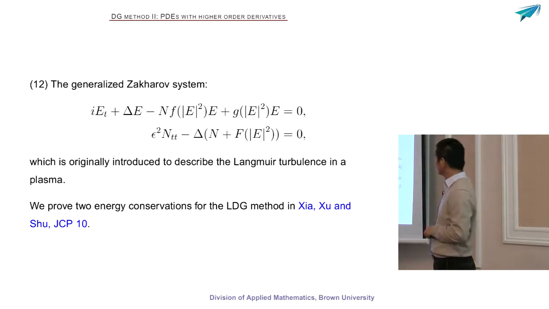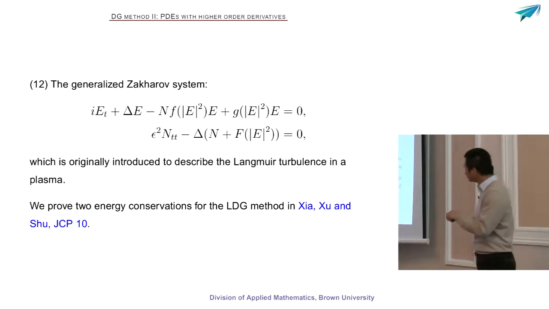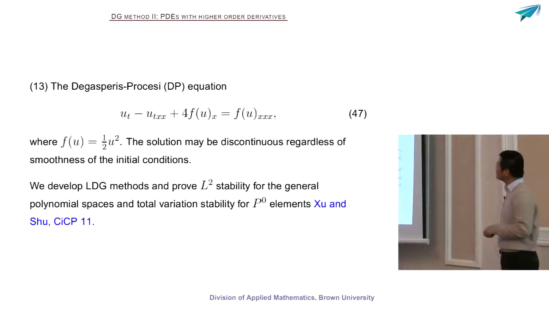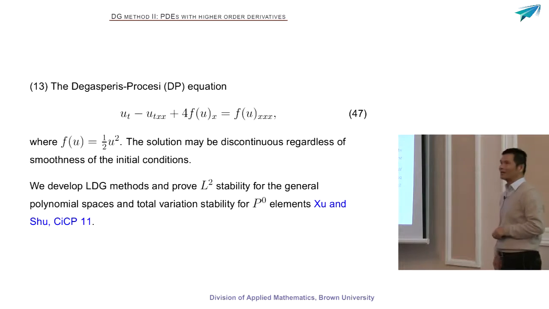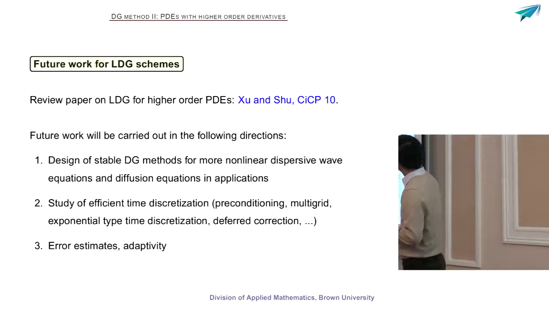Anyway, turbulence in the plasma. Okay, you can actually get two conservation or energy conservations for the LDG method. DP equation. Yeah, too many such equations.